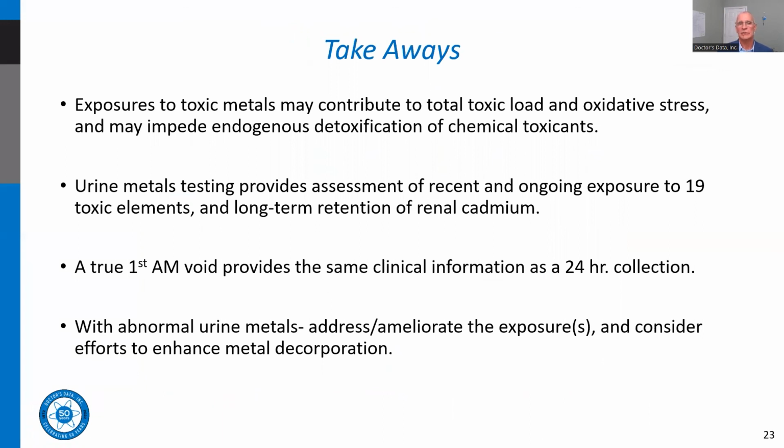Exposure to toxic metals can contribute to the total toxic load and oxidative stress, and may impede endogenous detoxification of chemical toxicants. Urine metals testing provides an assessment of recent and ongoing exposure to 19 toxic elements and longer-term retention of renal cadmium. Very, very nephrotoxic.